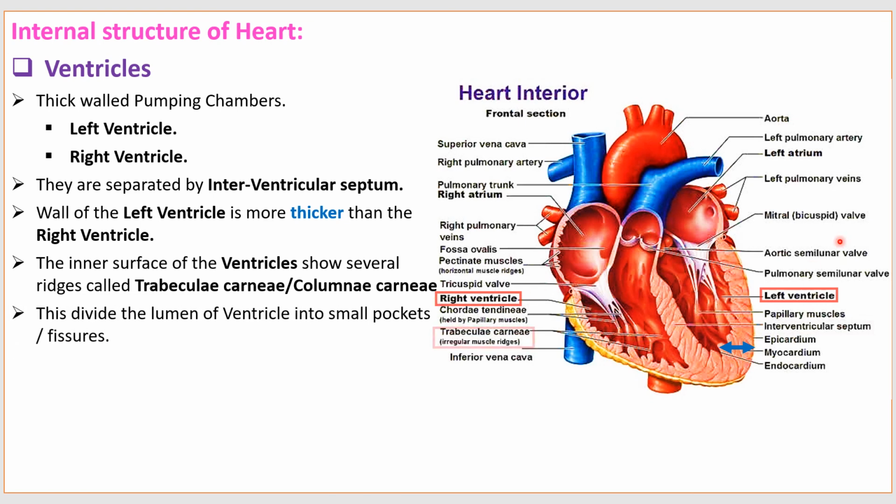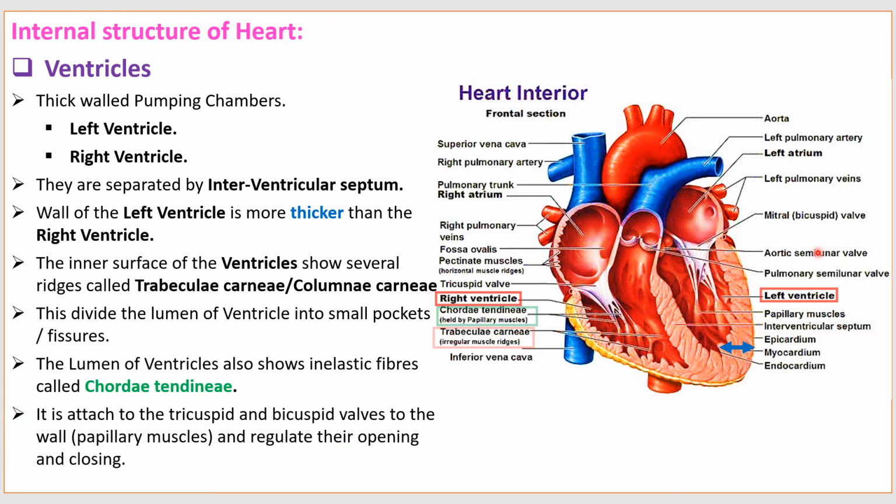These divide the lumen of the ventricle into small pockets. The lumen of the ventricles also shows inelastic fibers called chordae tendineae. They attach the tricuspid and bicuspid valves to the papillary muscles in the wall, and regulate their opening and closing.